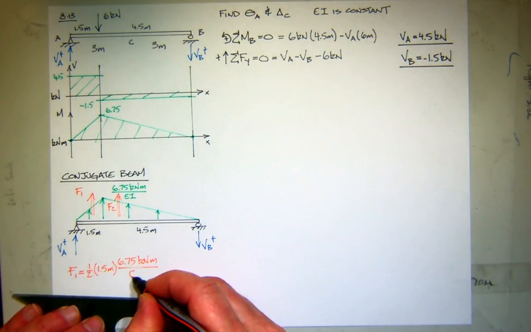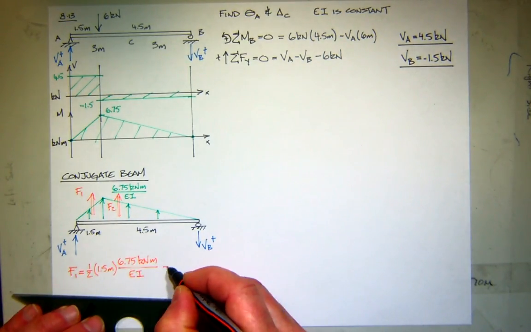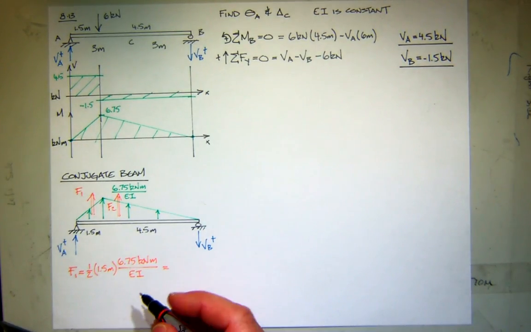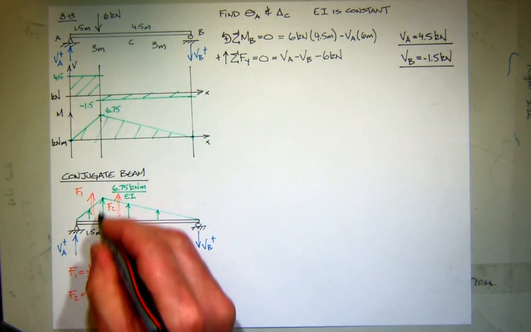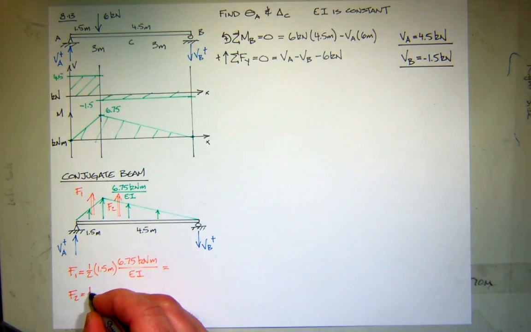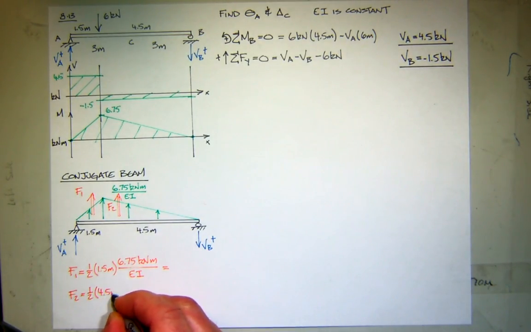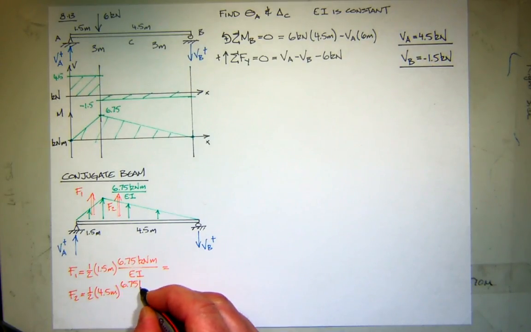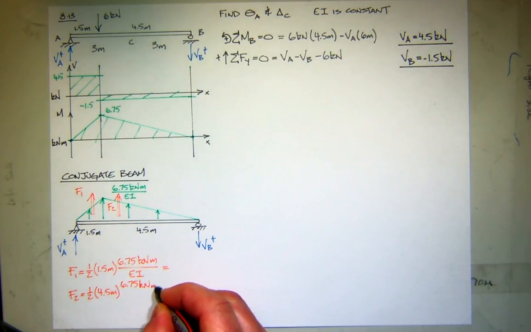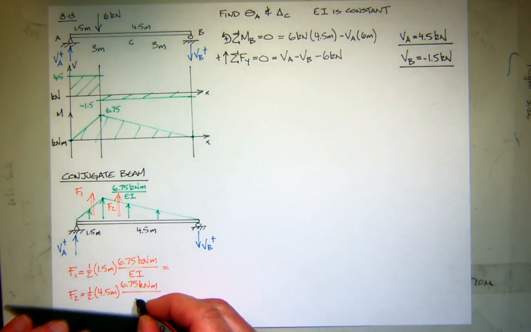So what's that equal to? You guys are going to have to help me with that. While you're calculating that, I'll go ahead and write down what F2 is. It's also a triangular area, so that's going to be, again, 1/2 base. The base for this one is 4.5 meters, and the height is the same, 6.75 kilonewton meters divided by EI.